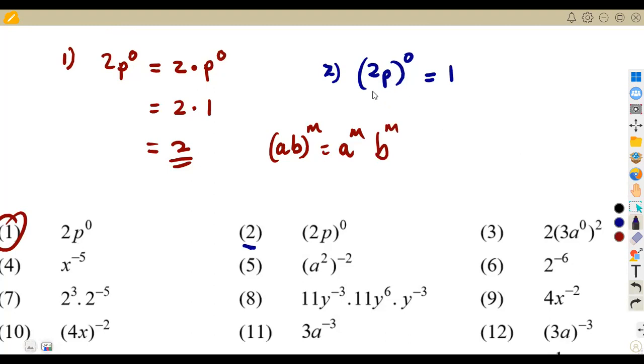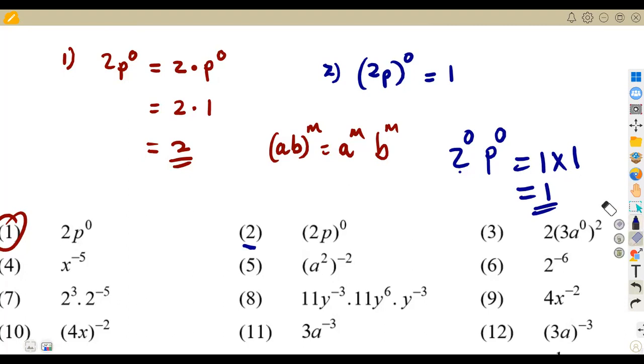So you're going to have 2 raised to the exponent of 0, p to the exponent of 0 in that case. So 2 to the exponent of 0 means a 1. Remember, any number to the exponent of 0 is a 1. All right, times p to the exponent of 0, which is also a 1. 1 times 1, that's a 1. So meaning to say, we still have the same thing as from our laws and from our definitions.